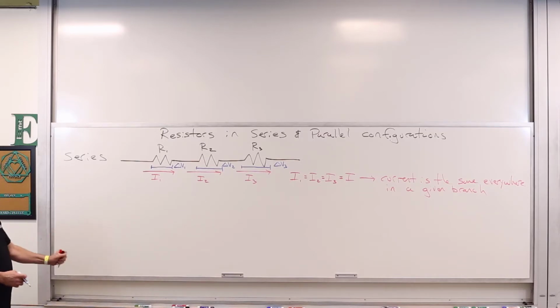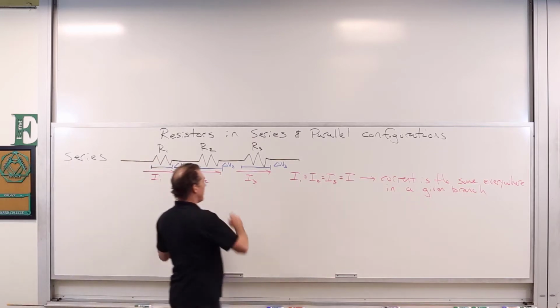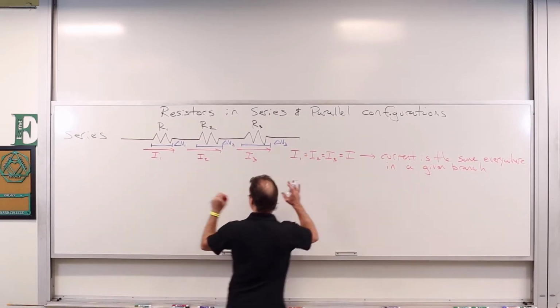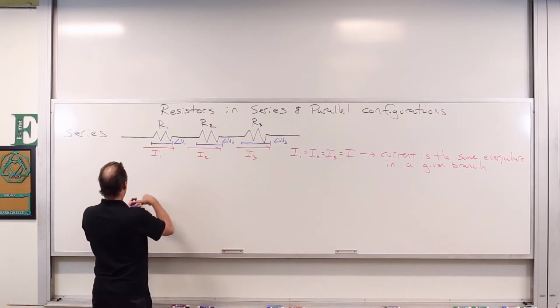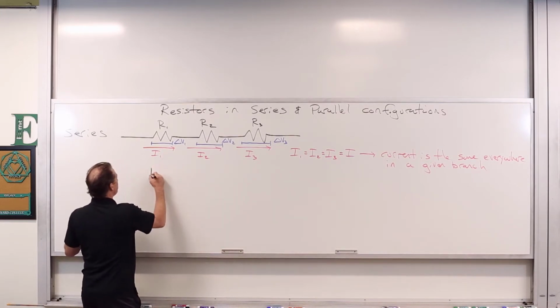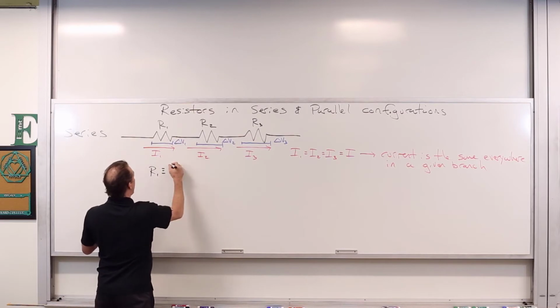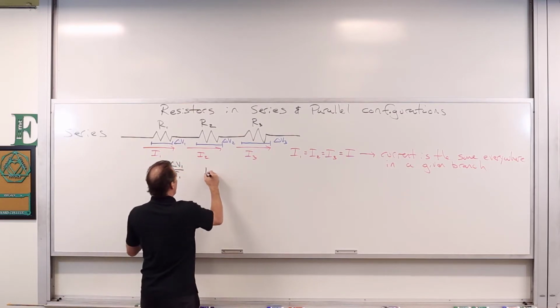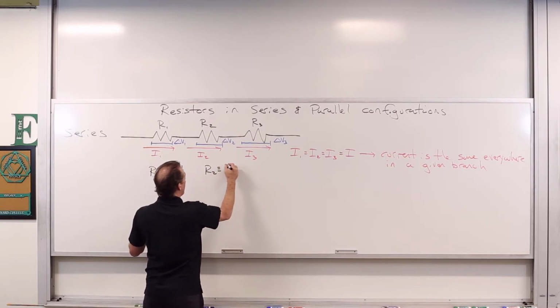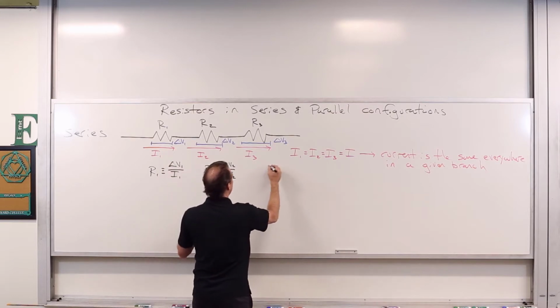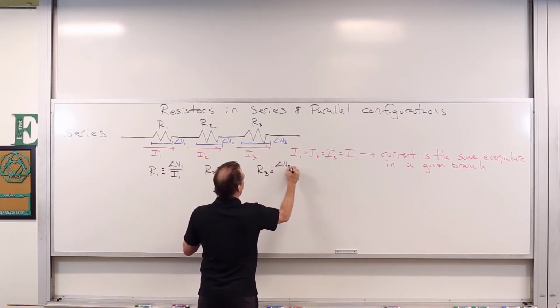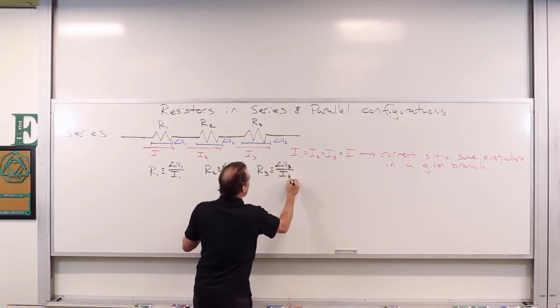It depends on the resistance of the resistors themselves. Each resistor has its own definition: R1 is defined by delta V1 divided by I1, R2 is defined by delta V2 over I2, and R3 is defined by delta V3 over I3.